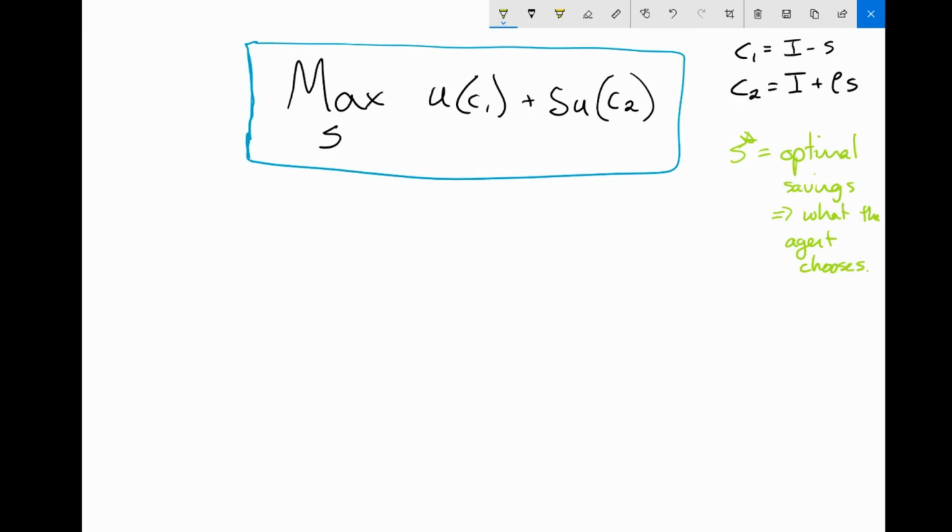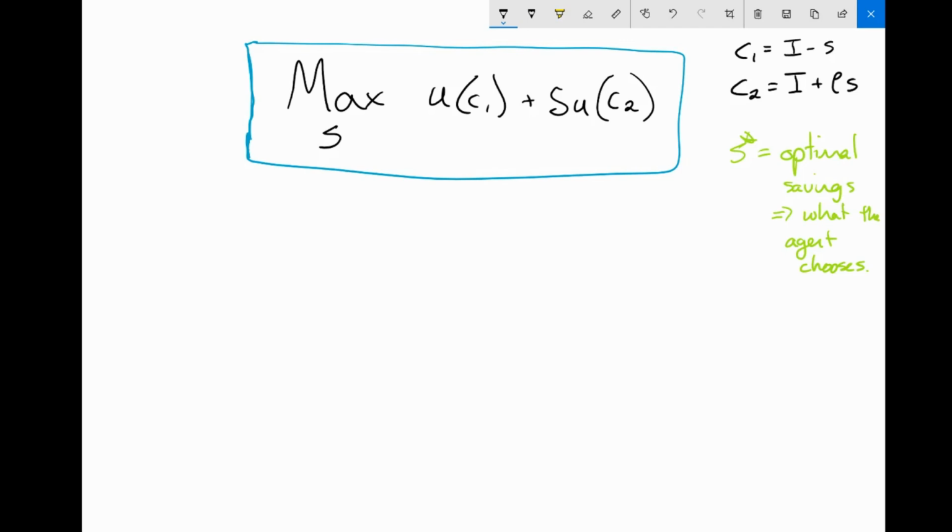So if we solve for S star, we can derive some insights as to the factors that affect the savings decision. So let's do that. Let's solve this out. And as we're solving this out, I'm going to solve it out in a couple different ways. I'm going to be very methodical, going step by step.